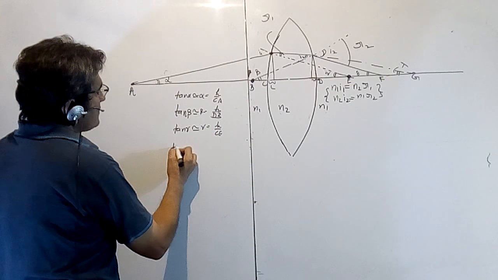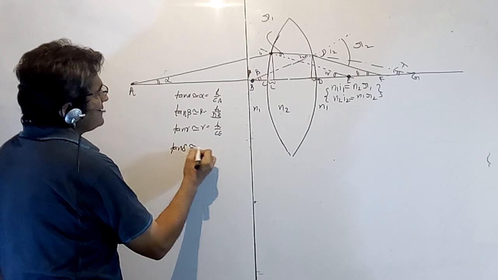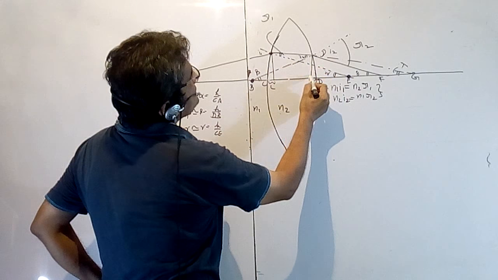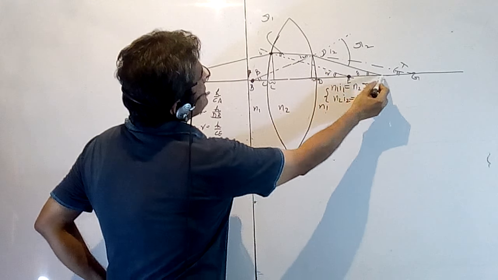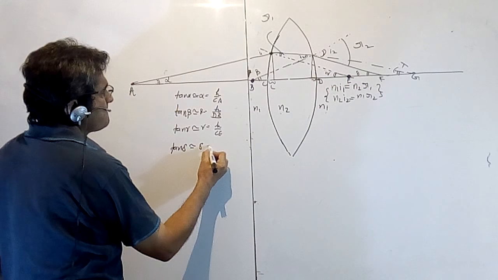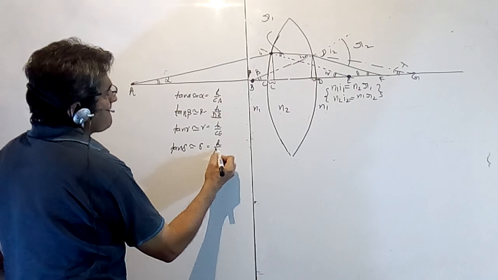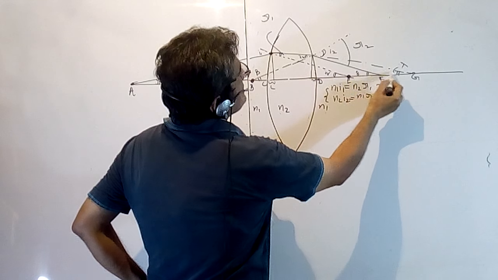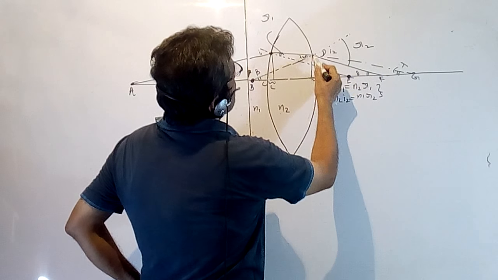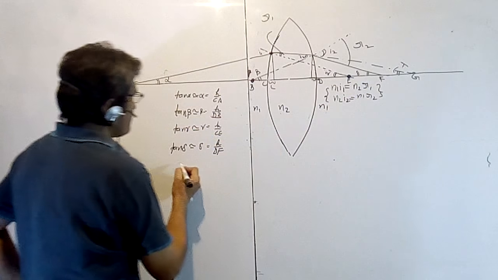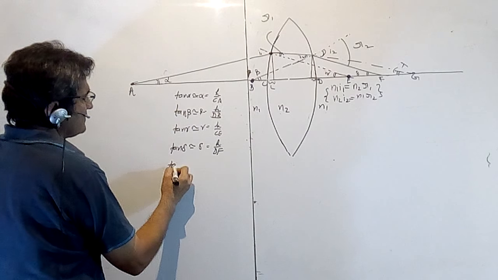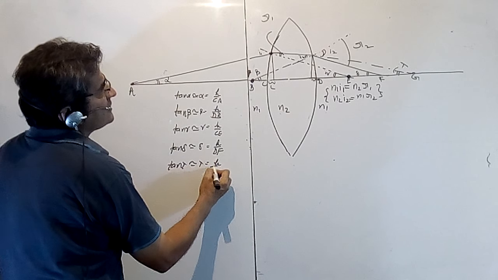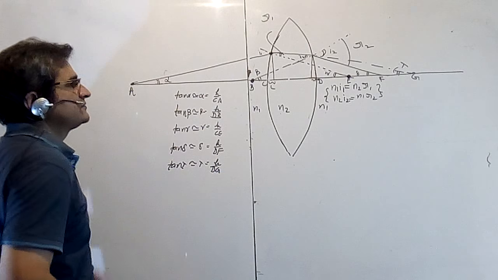Then tan lambda is lambda, and tan lambda will be h upon DF. Now tan delta will be h upon DG. This was delta, sorry. Tan lambda will be h upon DG. Now you've written this.